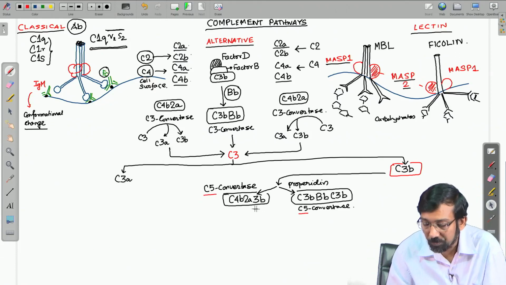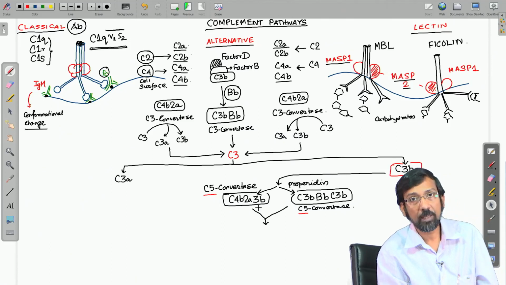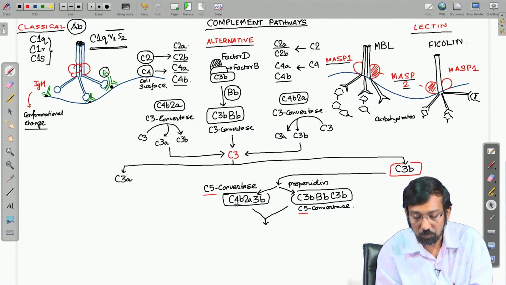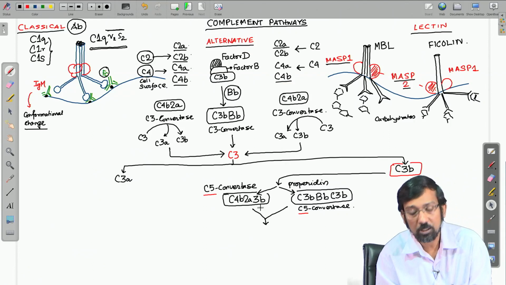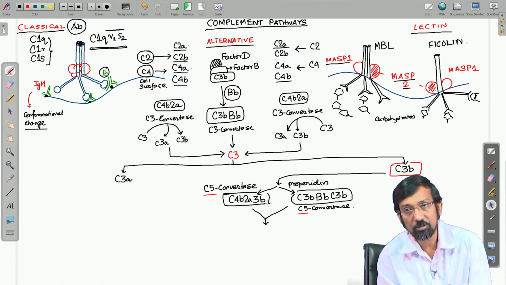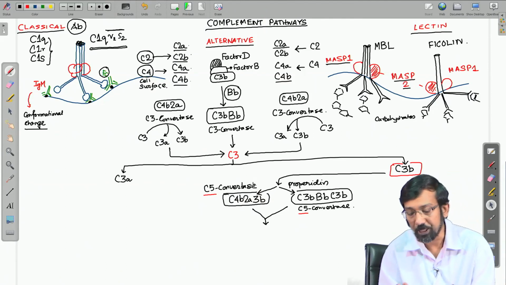So, both of these C5 convertases, be it the C4b2a3b, or so 4b2a, which was originally a C3 convertase, when it associates with another broken C3b, it forms C4b2a3b and this is a C5 convertase. It can break down C5 into 5a and 5b.